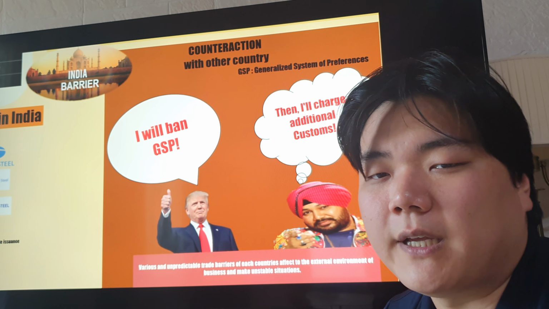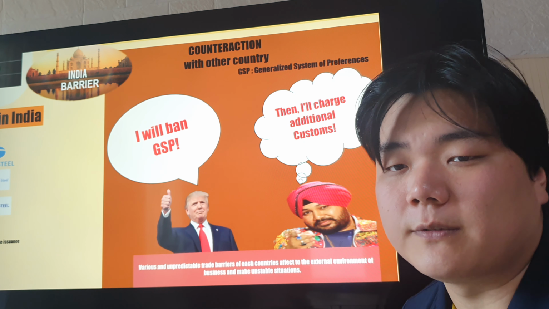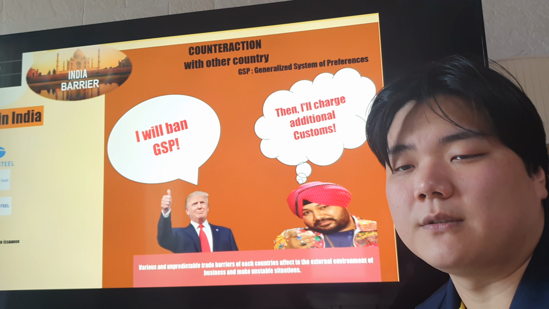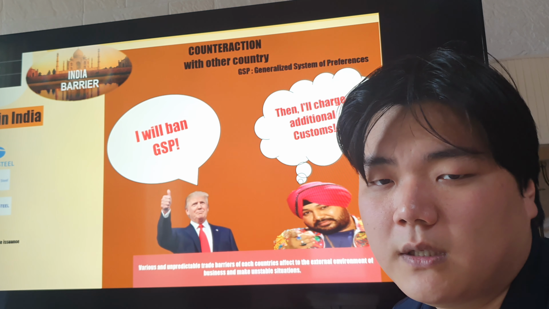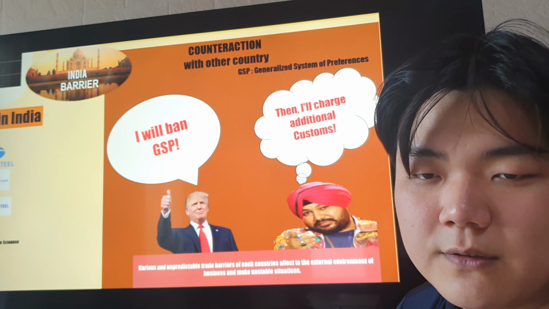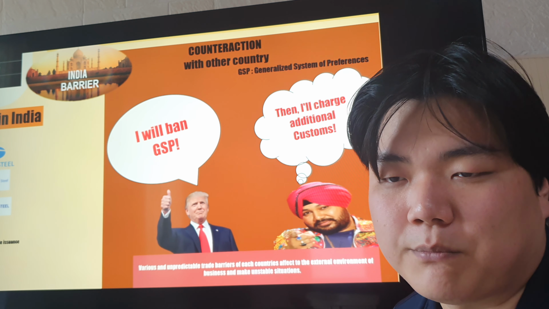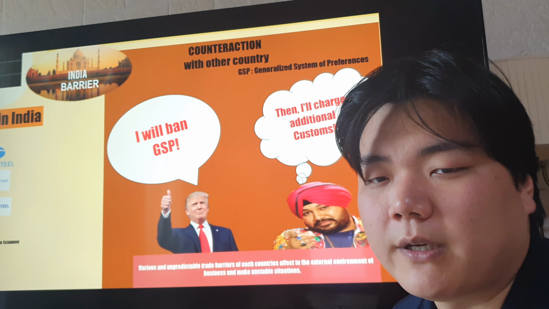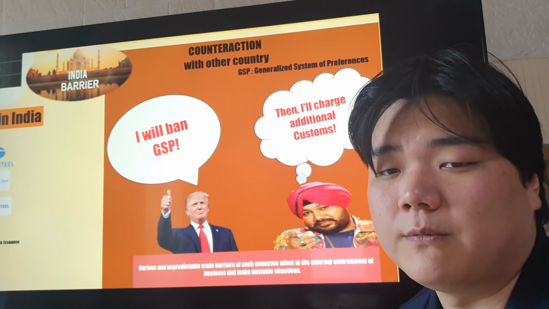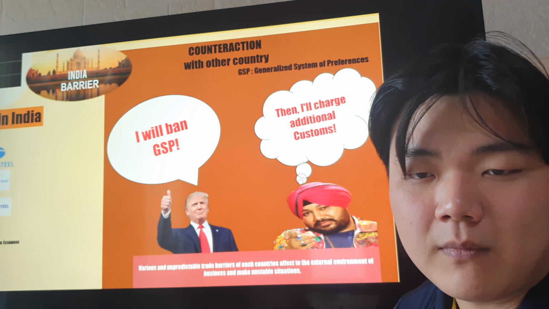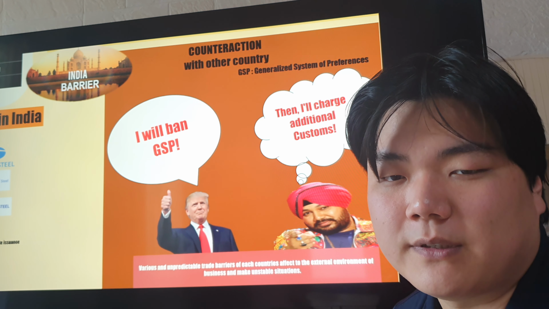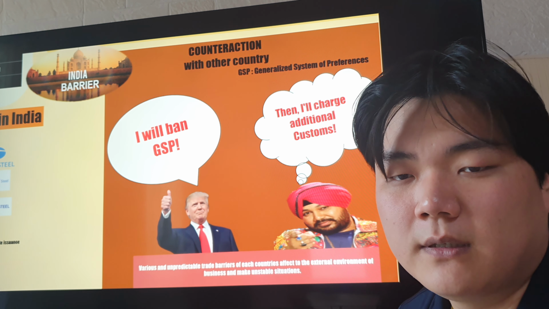Also, negotiations over US dairy products have gone on for years. It is difficult for US dairy farmers to sell their products in India because India requires that dairy products are derived from dairy cows that have been fed a vegetarian diet for their entire lives.